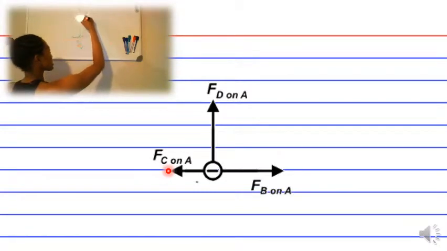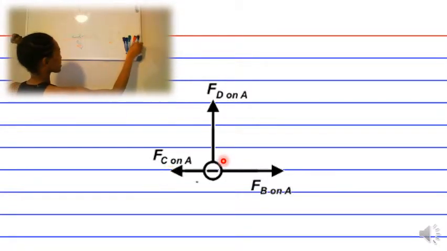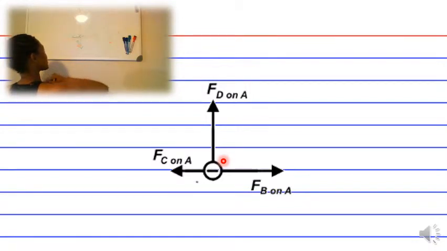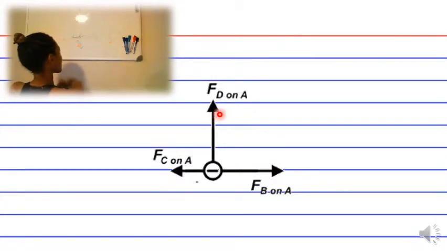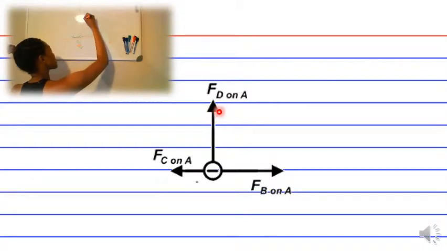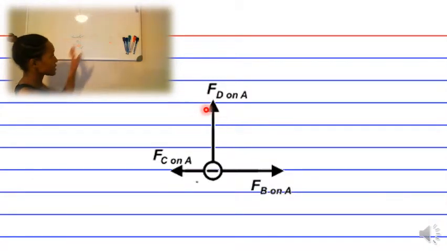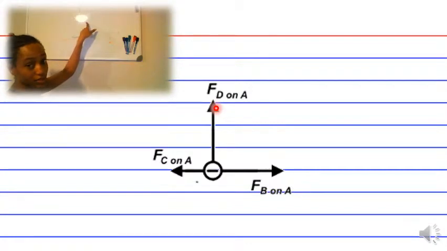And lastly, because QD is positive, there's going to be an attractive force. So it makes sense that the resultant force vector is pointing north, or in the upward direction.